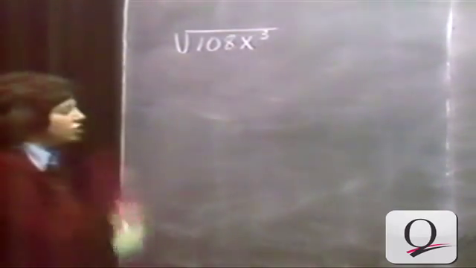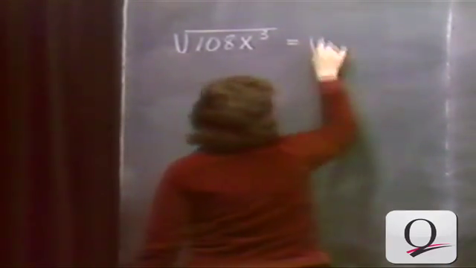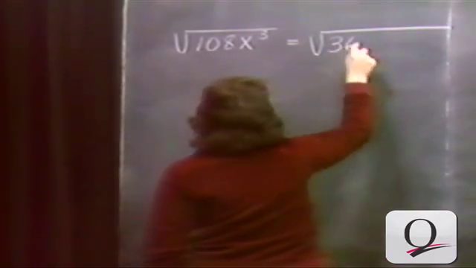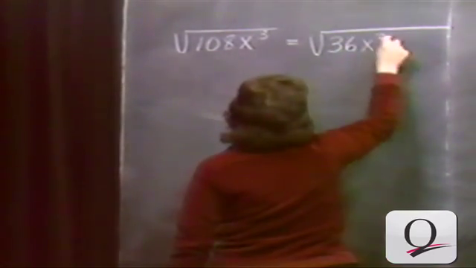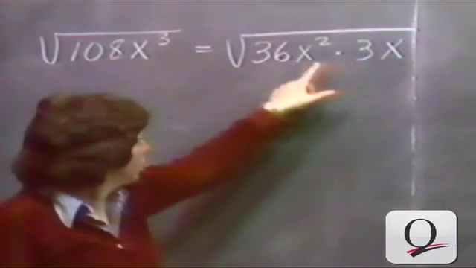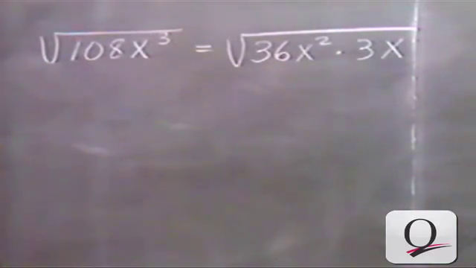Now let's say you happen to be really sharp and you notice that 36 is a factor of 108. You can rewrite this as the square root of 36x squared times 3x. This gives you 3 times 36, 108. x squared times x is, of course, x cubed.